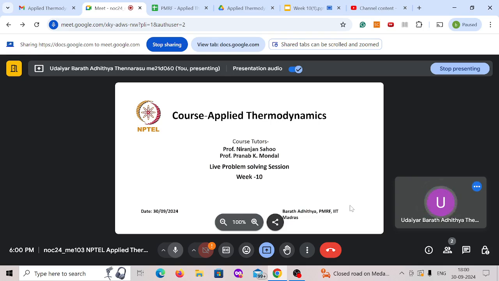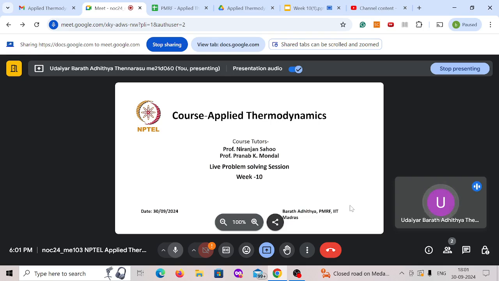So till the previous week, what we saw was power producing cycles, or you can say heat engines. We used the Carnot cycle as the reference, which gives you maximum efficiency.